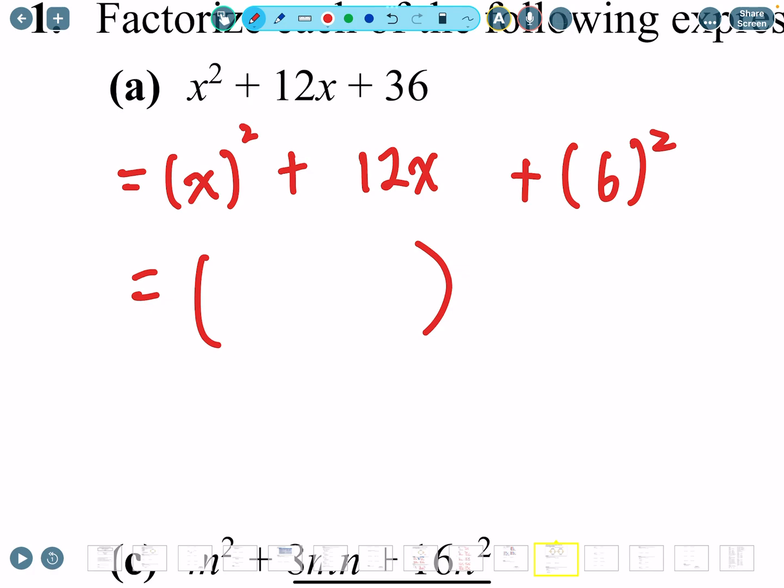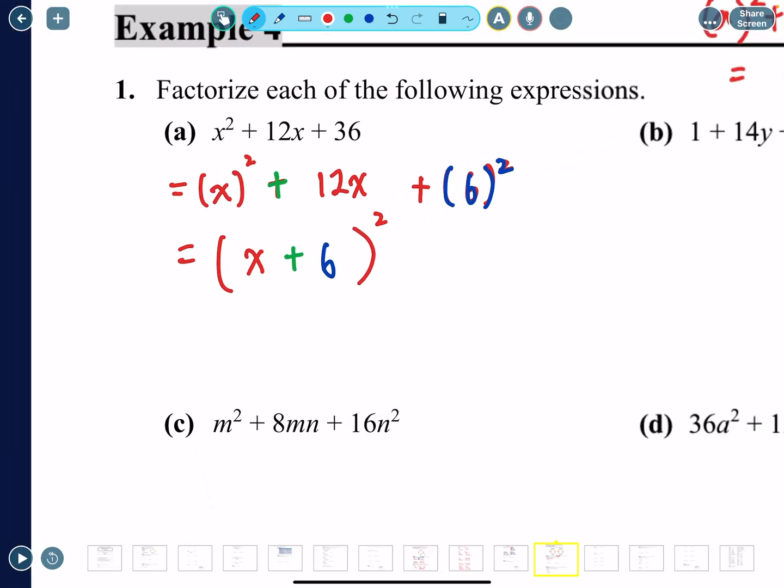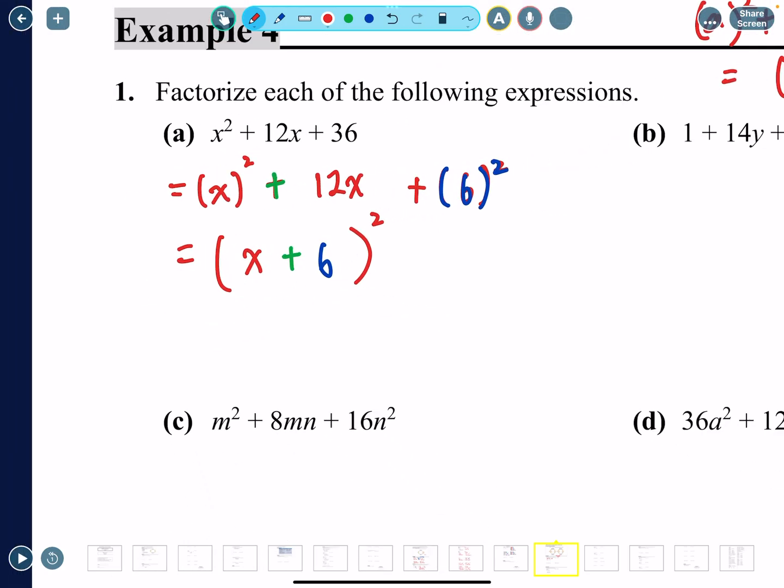So next, the positive here will tell you that the middle sign is positive. And then x squared means the first one is an x, and this one over here is b squared, so this one is a 6. So you just write in the bracket (x plus 6) squared.